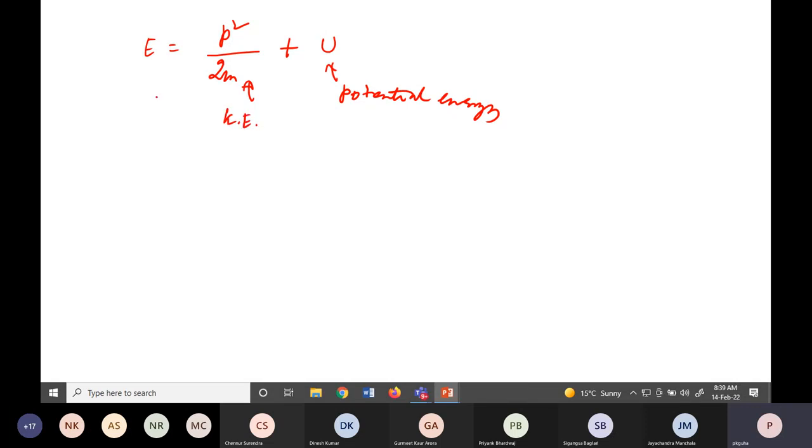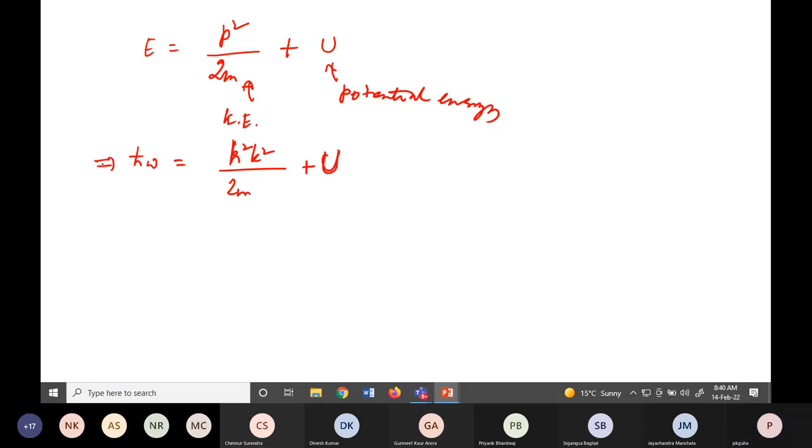Okay, so this is the total energy. So from Einstein's relation, we know that E is equal to h nu or h line omega. So that is we can write h line square k square over 2m plus u, right?